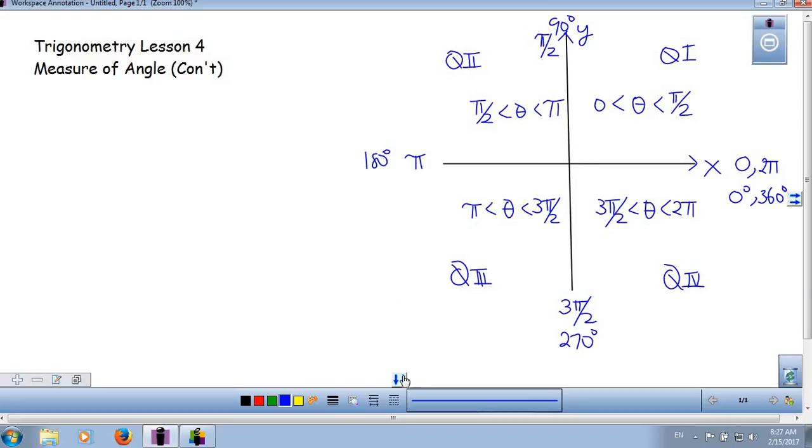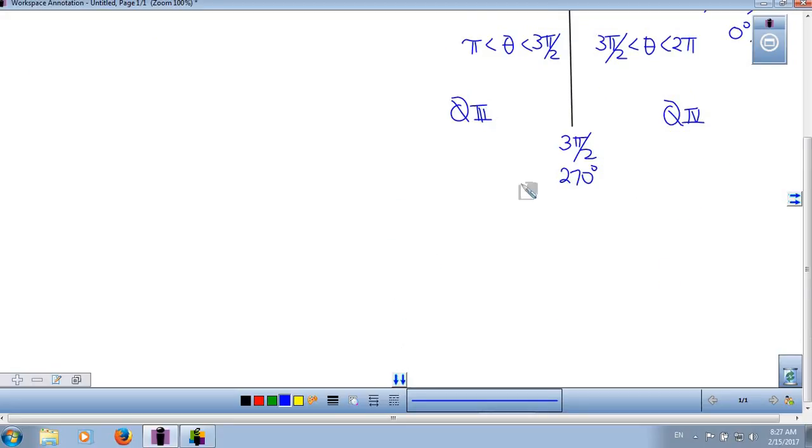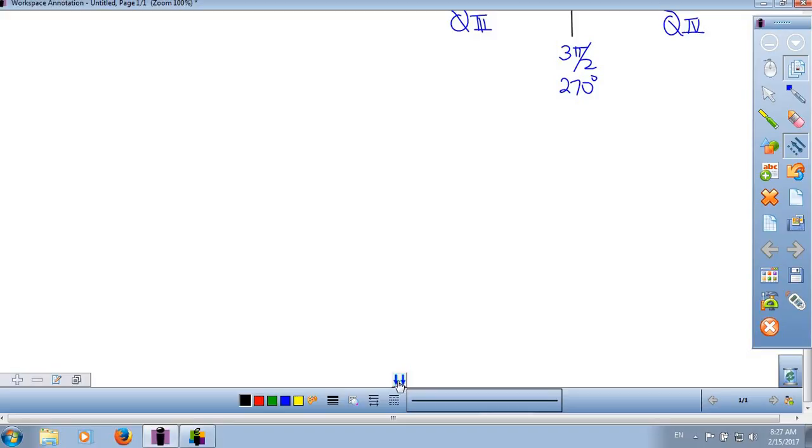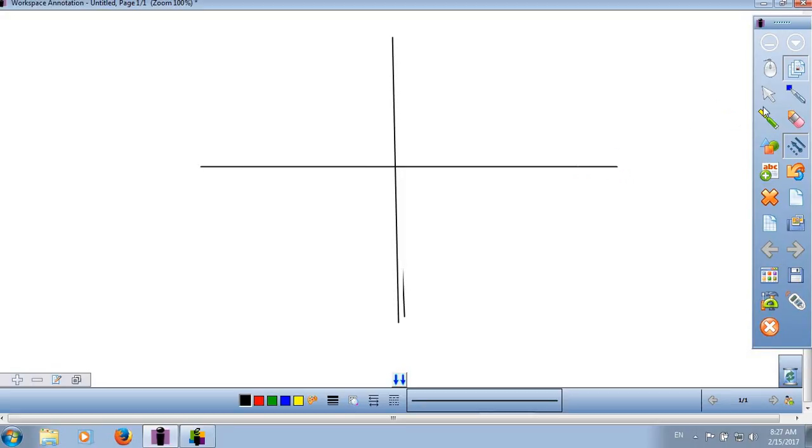Now, let's talk about some common angles that we would need to know in the quadrants. So let's draw a big coordinate plane here. Again, this starts with 0 radians, pi over 2 radians, and then pi radians and 3 pi over 2 radians, and coming back, this is 2 pi radians. Let's think about some common angles that are important to us.